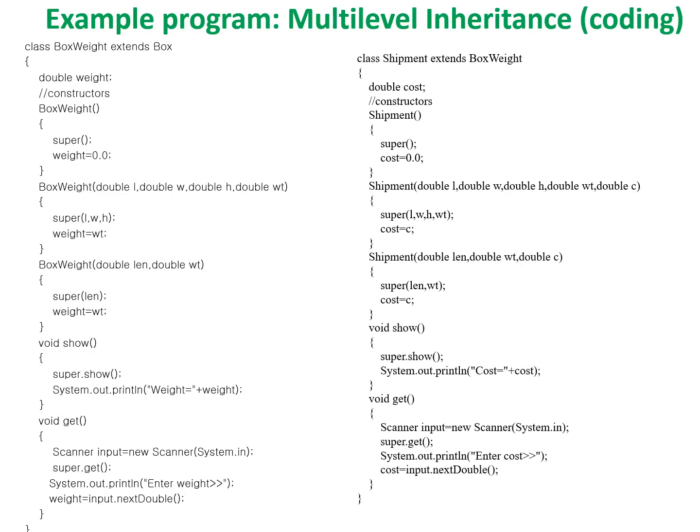From the previous slide, the BoxWeight class inherits the properties of the Box class. Here the variable is weight, and the constructors are BoxWeight with a three-argument constructor, a four-argument constructor, and a two-argument constructor. Show method, get method.